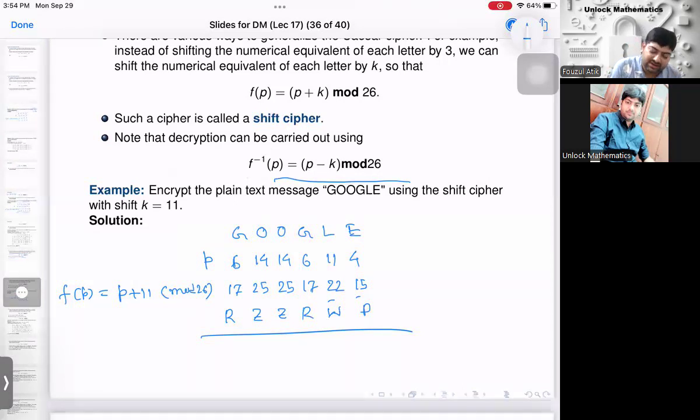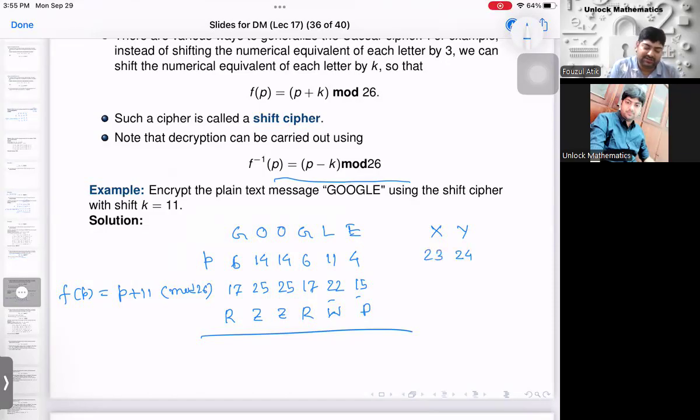In the same way, if you have, say, X and Y, what is the number for X? If you remember, Y was 24 and X was 23.